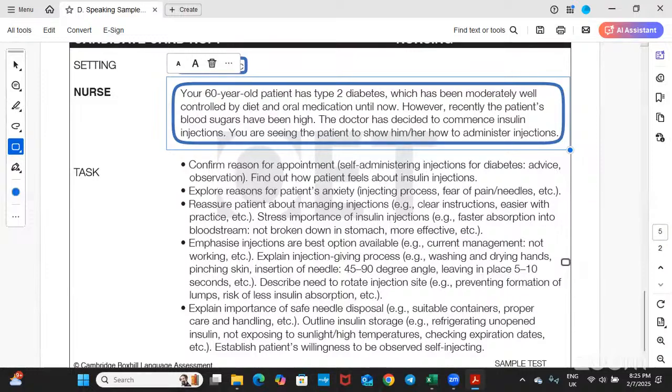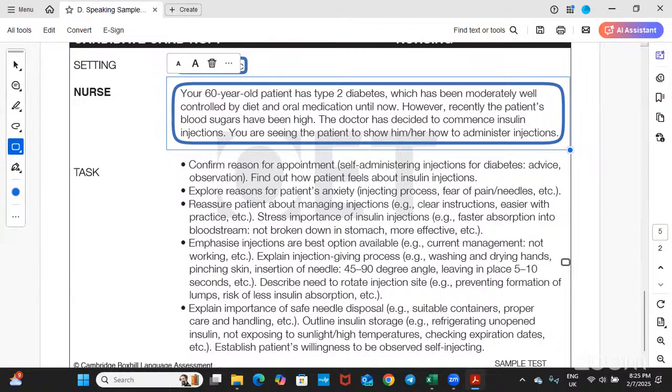That means you will know about the age of the patient. Next, the patient has type 2 diabetes. So that means you will know about the existing medical condition, which has been moderately well controlled by diet and oral medication until now.